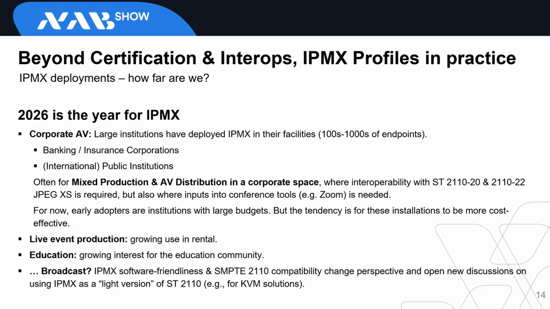Overall, more than 50 devices were certified, and that includes a wide range of devices. So that included software solutions, but also switchers, LED wall processors, KVM appliances, and HDMI or SDI gateways. So not yet cameras. We expect this to come in the near future.